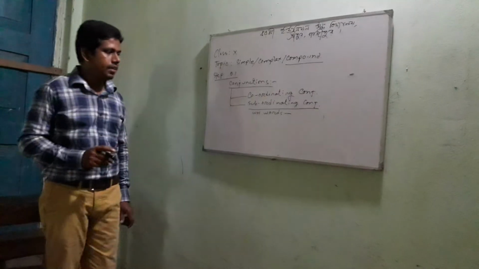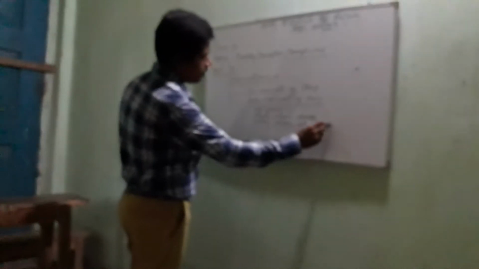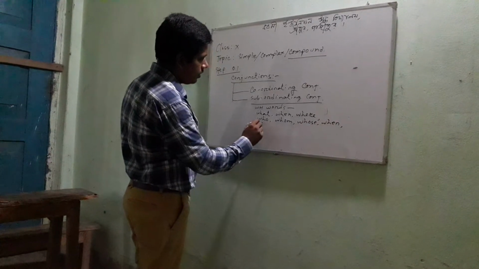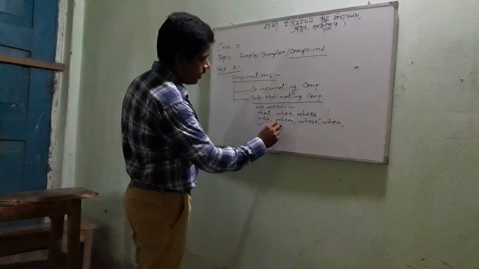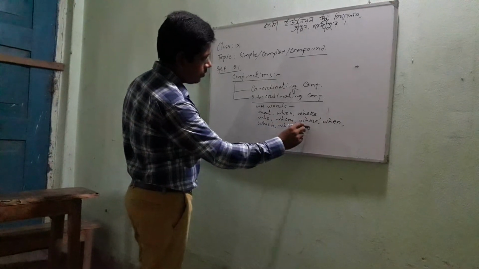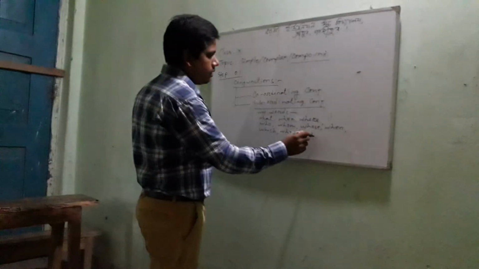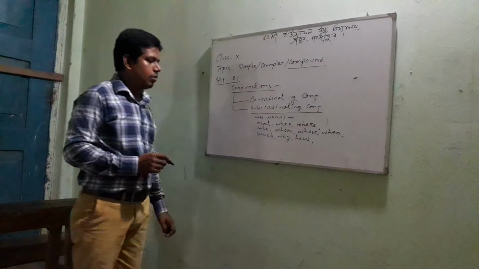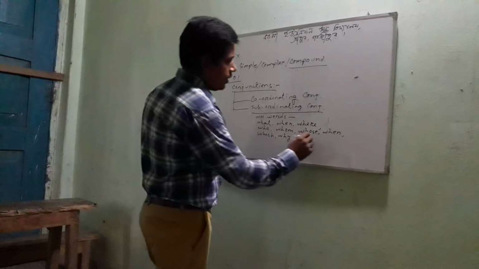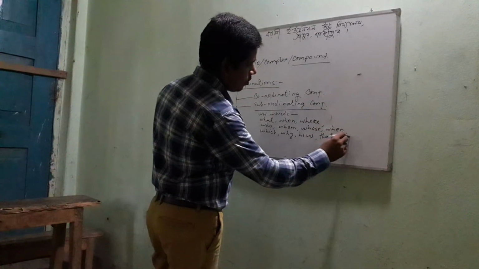We know that there are 9 WH words: what, when, where, who, whom, whose, which, why, and how. These 9 WH words are subordinating conjunctions.